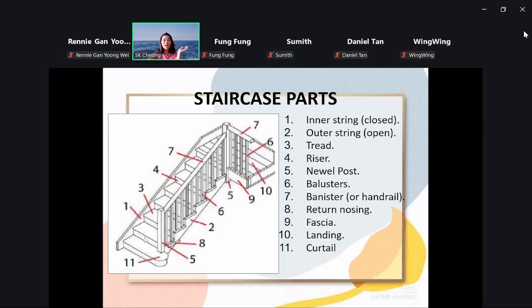The question will be asking for the parts of it. Your sketches do not necessarily have to be as good as this, but as long as you can show me the location of number 1, the tread and the riser.